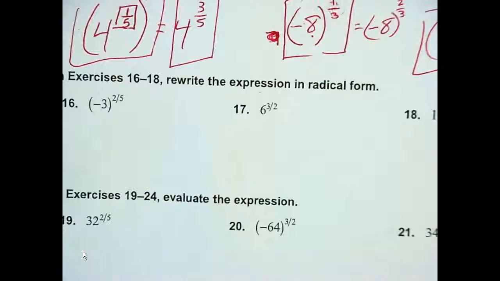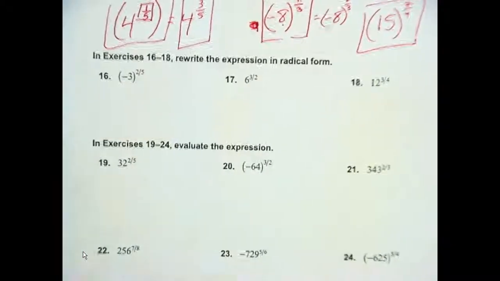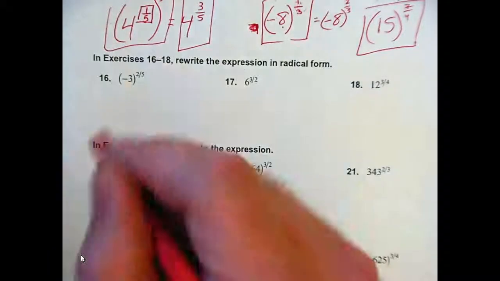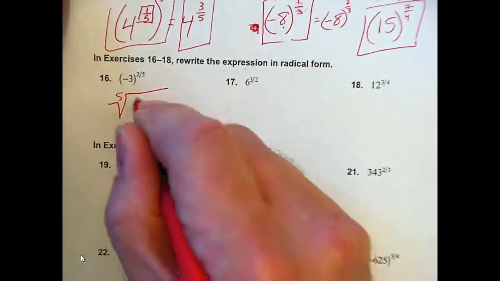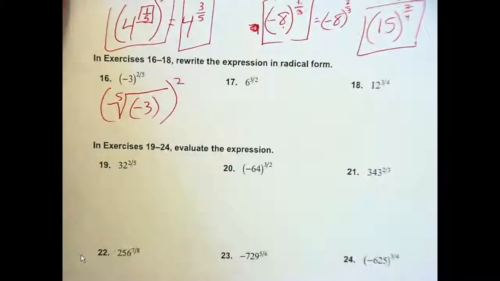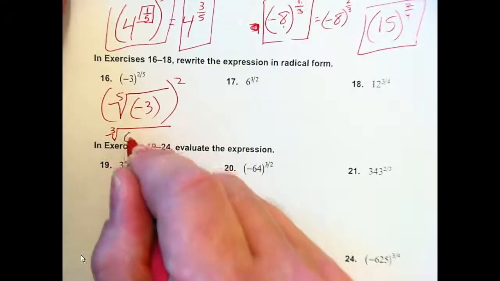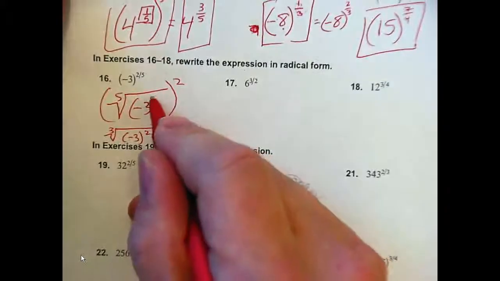All right, I want you to rewrite 16 through 18 in radical form. Totally radical, man. So hopefully you've got this. We've got 5, we got -3, and you could square it like that, or you could write it like that. You don't need the parentheses if you write it the top way. You don't need this set of parentheses.